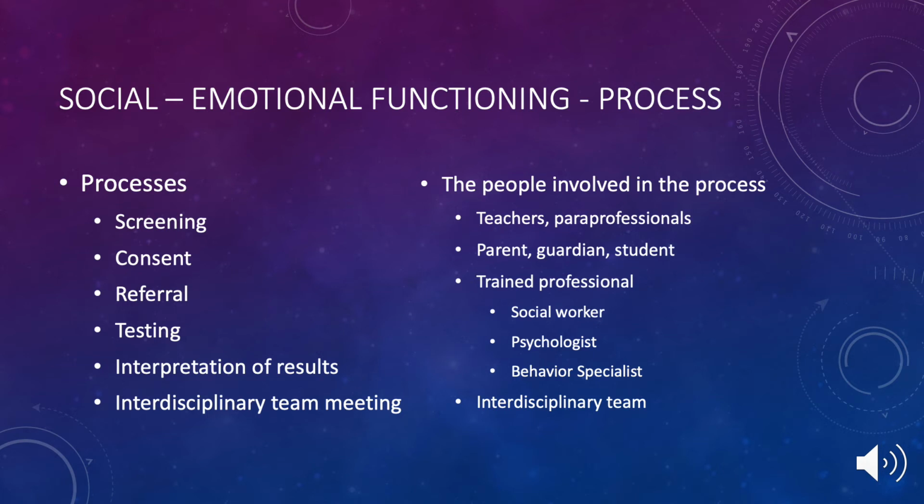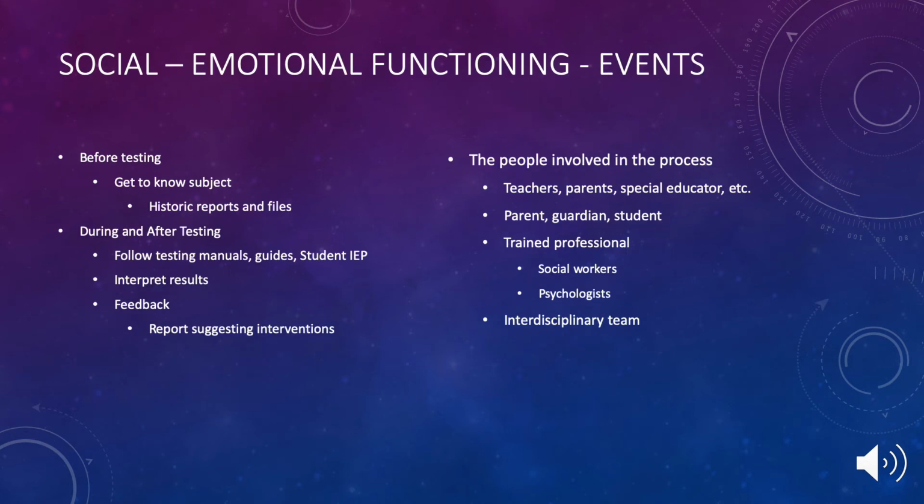Most often, you'll have social workers, psychologists, and behavioral specialists as part of the interdisciplinary team. Before testing, get to know your student, review the historical data, and during and after testing, you're going to give suggestions for interventions.